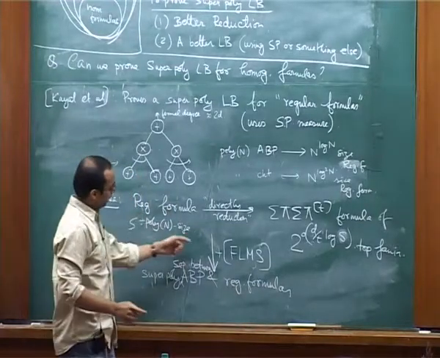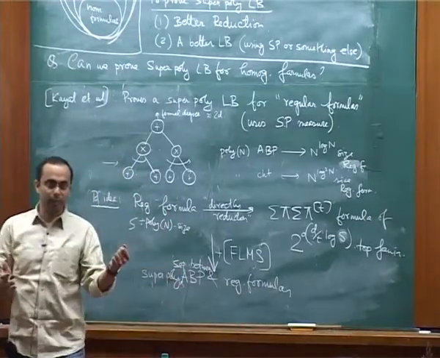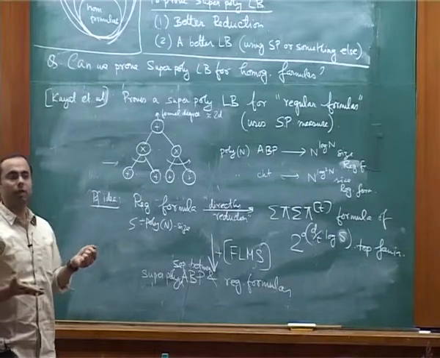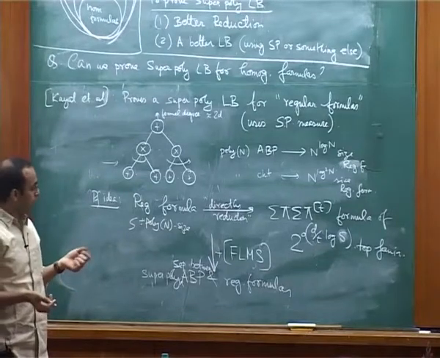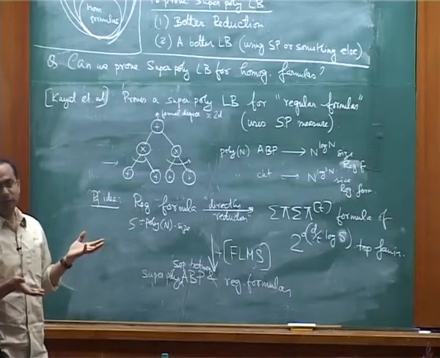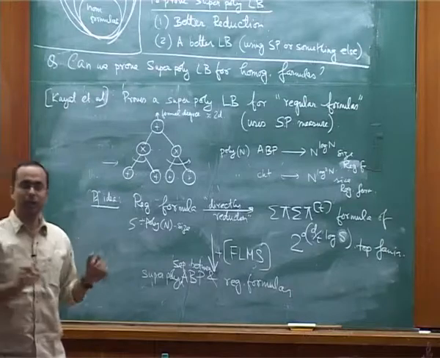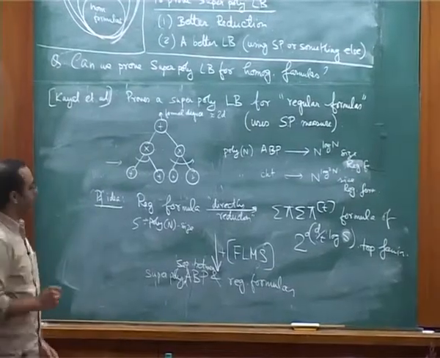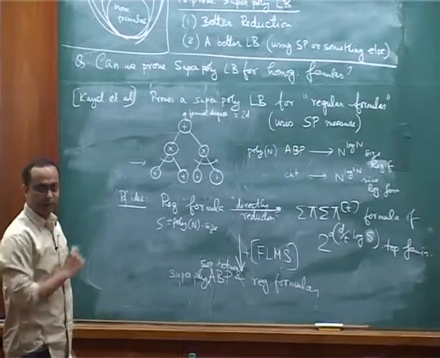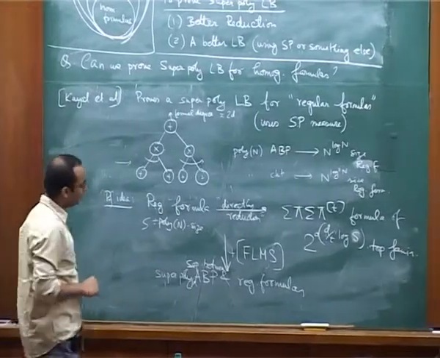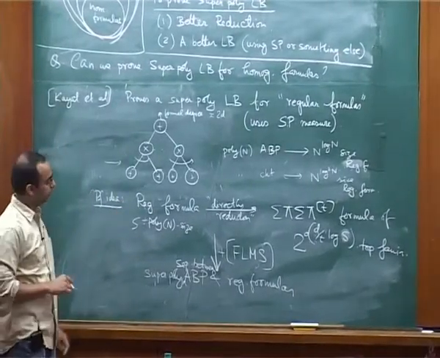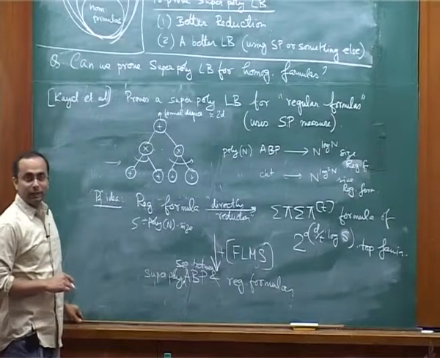So this, along with this, gives a super polynomial separation between ABP and regular formulas. Now, if regular formulas are the same as homogeneous formulas, that would immediately imply that we have taken some nice step in arithmetic circuit complexity by separating ABP and homogeneous formulas. But it turns out that this is not true.